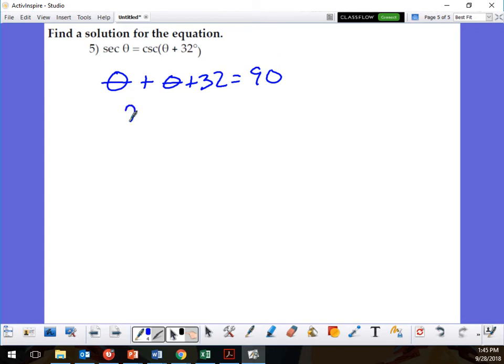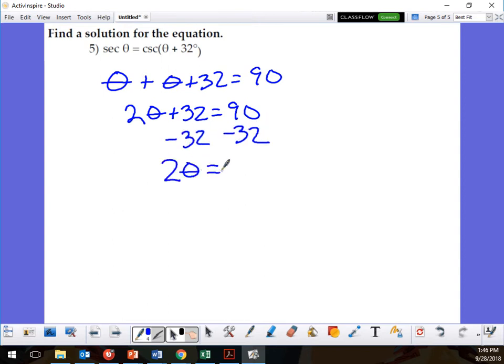Two theta plus 32 equals 90 minus 32. 2 theta is how much? 29. Divide both sides by 2. Theta is? 29 degrees.